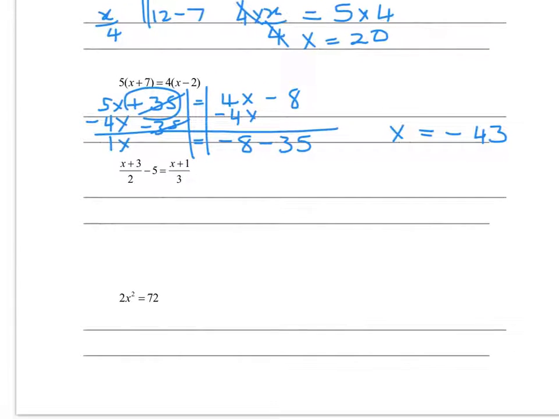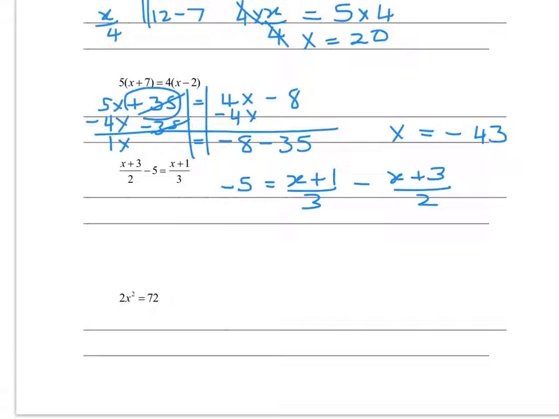And this may be the last one on this page. No, another two. Okay, next one. We've got a fraction here. So I'm going to put my fractions on the same side. I think I'll have a negative 5 equals x plus 1 over 3 minus x plus 3 over 2.